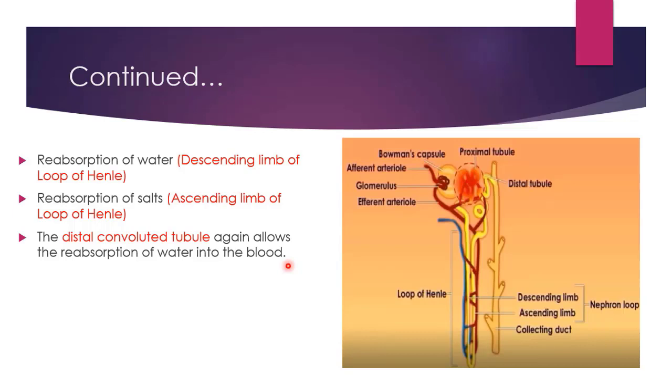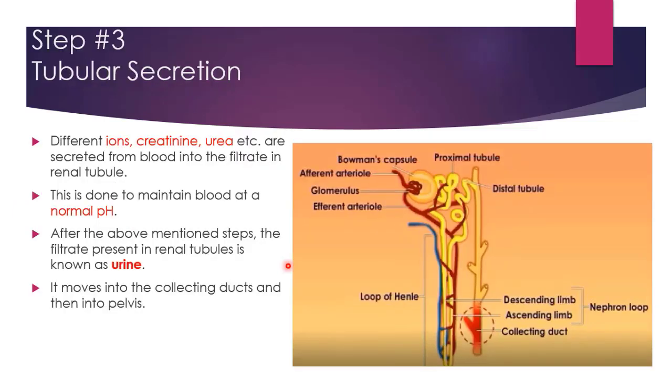Now let us see the third important step, which is tubular secretion. Students, due to glomerular filtration and selective reabsorption, the normal pH of blood may be disturbed because there occurs the reabsorption of water, salts, urea, glucose, and many other important materials that are present in the blood.